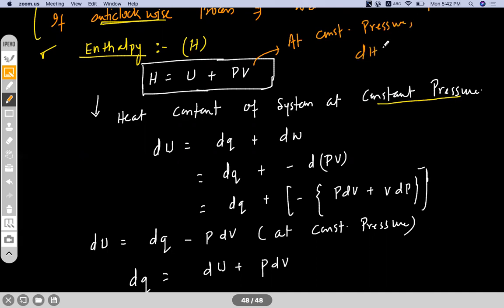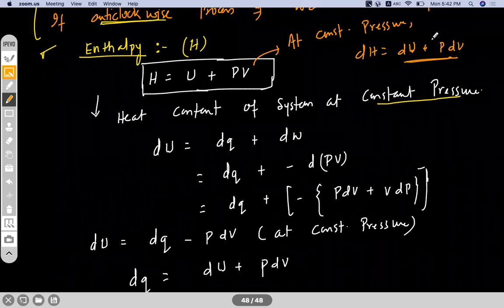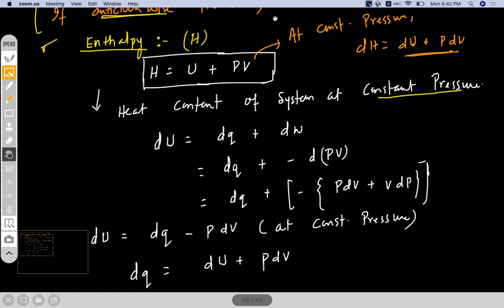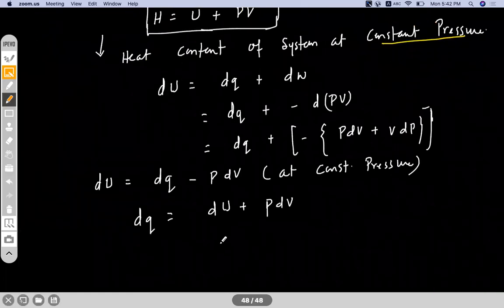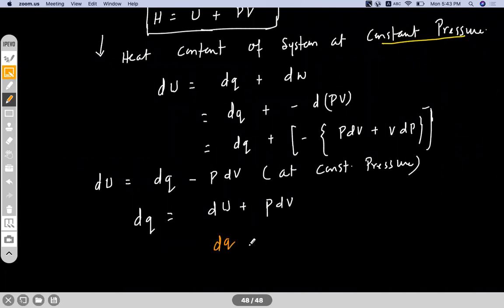And this is nothing but dQ over here. So from these two expressions, what we can write? dQ, the heat at constant pressure, is nothing but dH. So this is the mathematical definition of enthalpy we have. It is the heat content of the system at constant pressure.